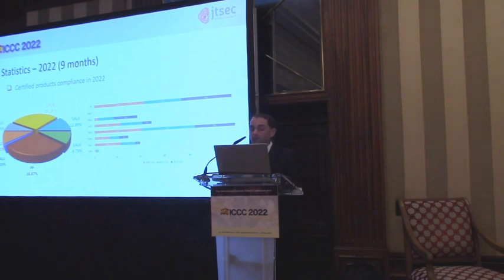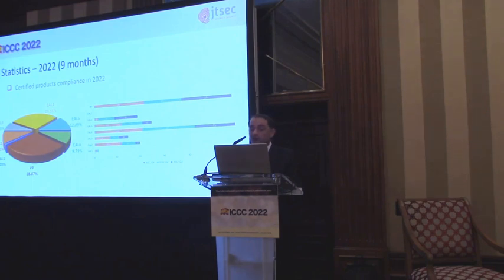We have just 56 certifications done using a PP compliant evaluation this year, and 139 using a regular EAL. So the main reason could have something to do with the decline in the numbers of the US, which uses protection profiles for all the evaluations, and also the low numbers of Canada.